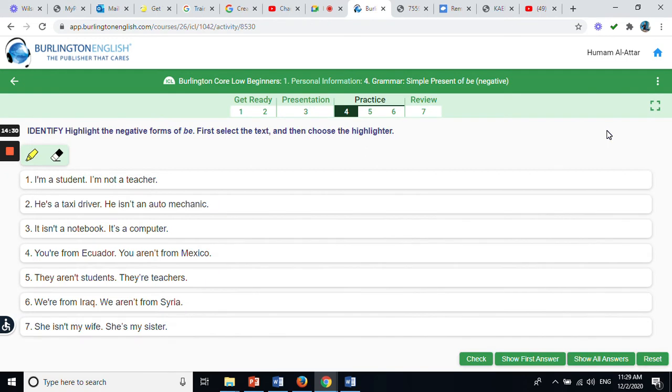So here's how you do it. I'm a student. I'm not a teacher. I'm going to do number one so you can see how I'm doing it, and then we are going to do the rest. I'm a student. I'm not a teacher. So the negative form of be is this.